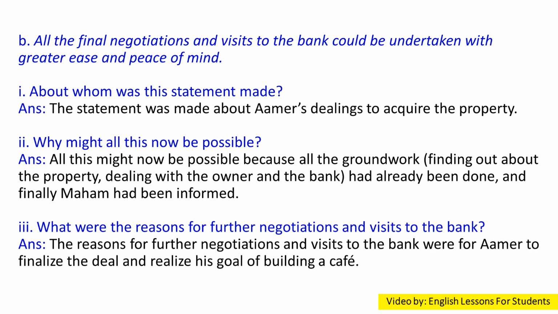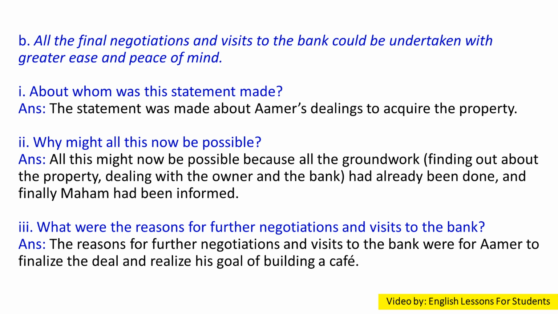Answer. All this might now be possible because all the groundwork had already been done. Groundwork, finding out about the property, dealing with the owner and the bank, had already been done. And finally, Maham had been informed.